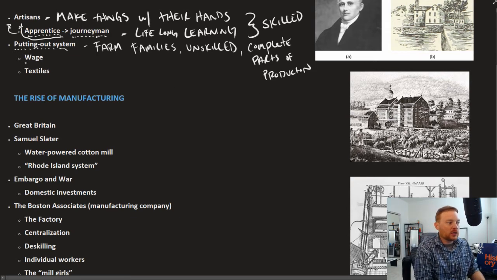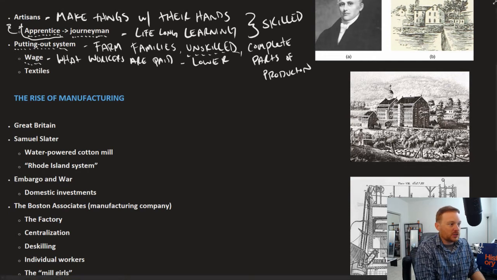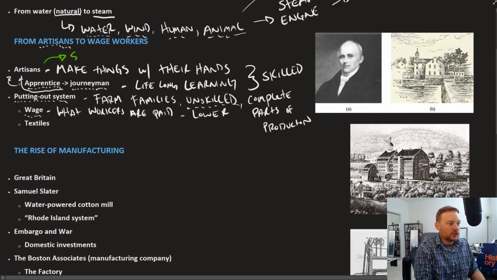They were paid a wage, right? So a wage is what workers are paid. And because it was unskilled work, that wage was typically much lower than what an artisan would cost. An artisan, somebody who spent years and years learning how to do it, you would have to pay, say, $4, very expensive.